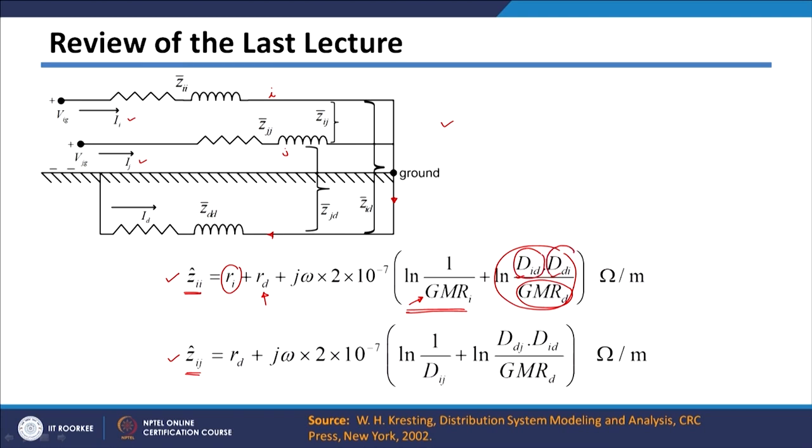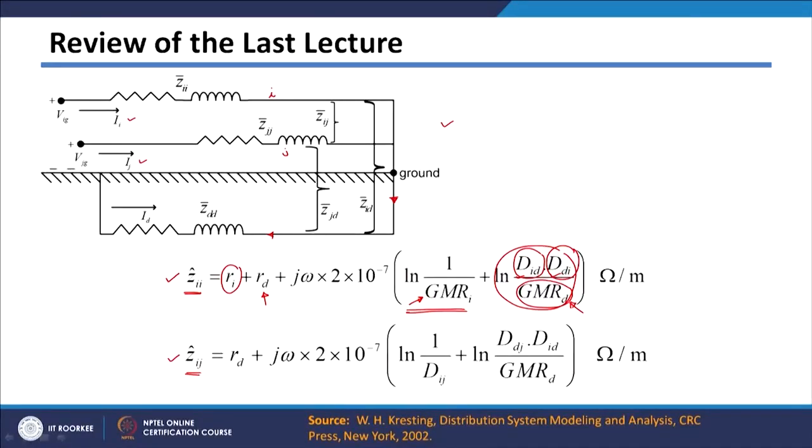We have seen that when these currents flow through the ground, we do not have a definite path for them, and because of that it is very difficult to get all these distances as well as the GMRs of ground conductors.